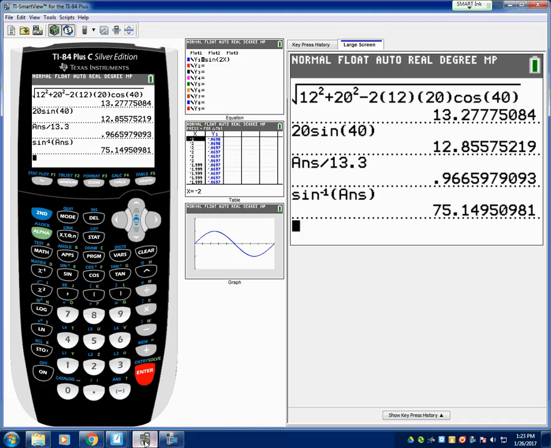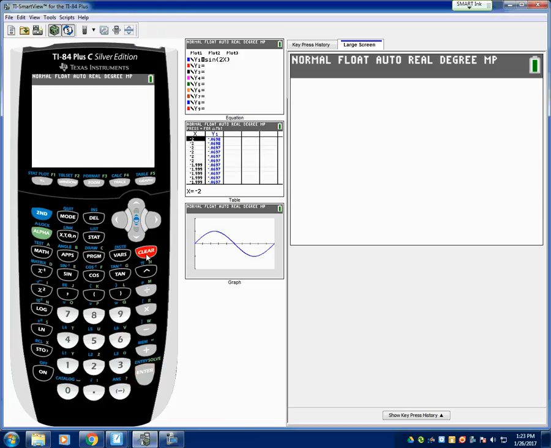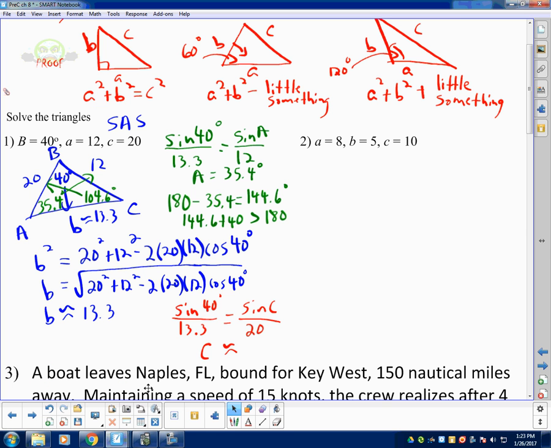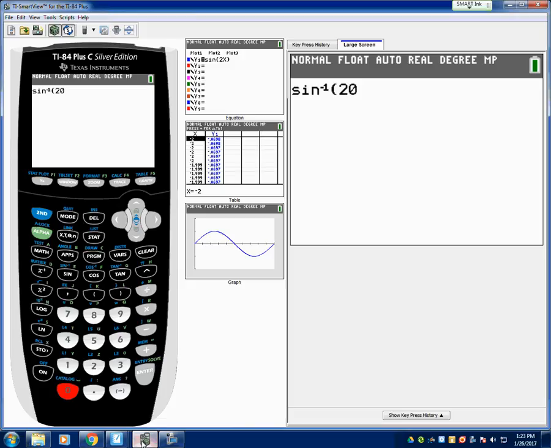So it's inverse sine of 20 sine 40 divided by 13.3.